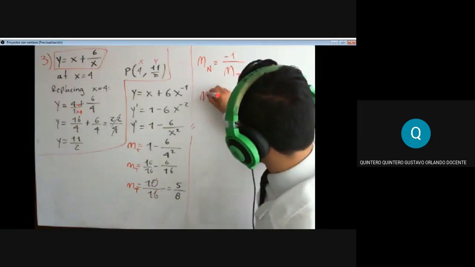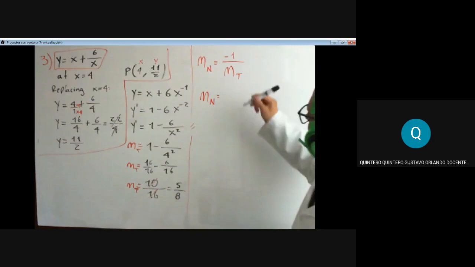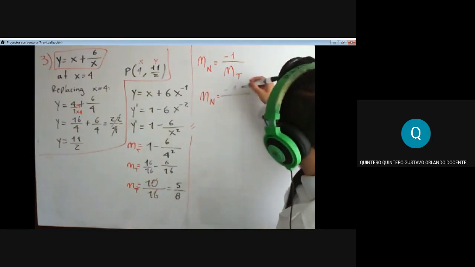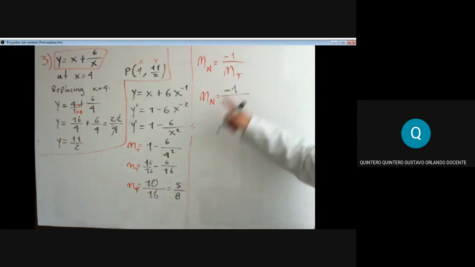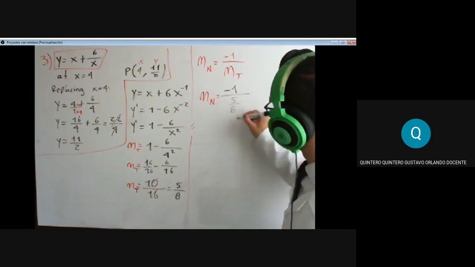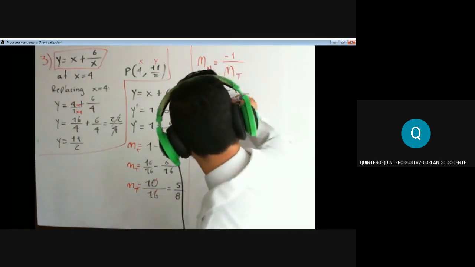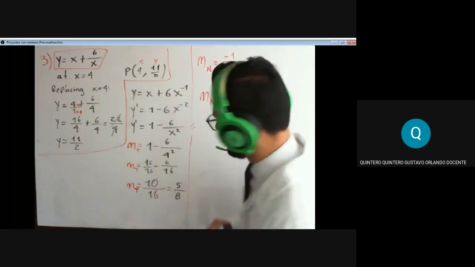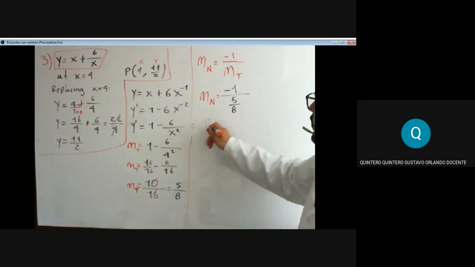The slope of the normal will be negative 1 over the slope of the tangent. And the slope of the tangent will be 5 over 8. You can barely see the marker, 5 over 8. There we go, better.